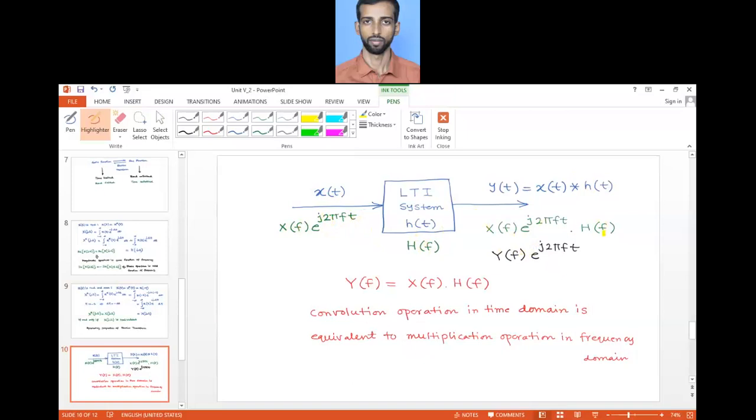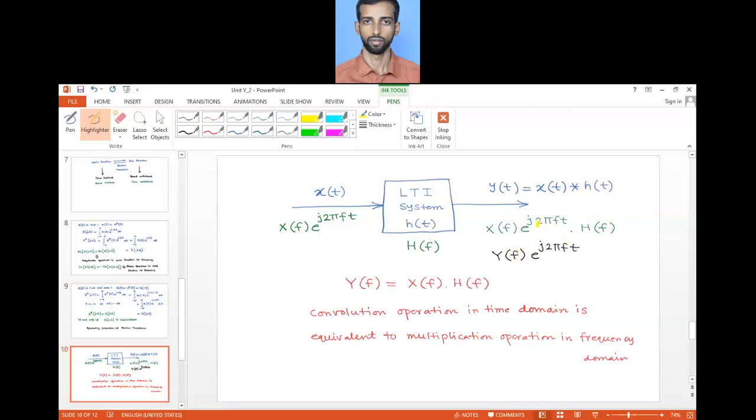Now, if I look at the output, so far we have looked at the output in the time domain, y of t. But now we can also visualize the output as the appearance of different frequency components e to the power j 2πft along with their corresponding components y of f. So it should be y of f e to the power j 2πft.